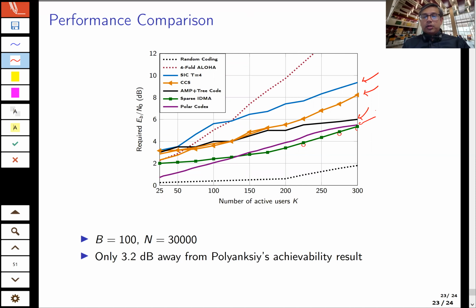We talked about this polar code replacing the LDPC code in our ALOHA scheme. And then the sparse IDMA performs like this. You can see that this is a big improvement going from this interference cancellation. So that's what you gain by getting rid of the slot structure and by sparsifying your collisions.